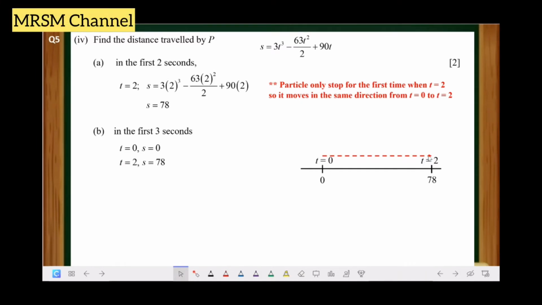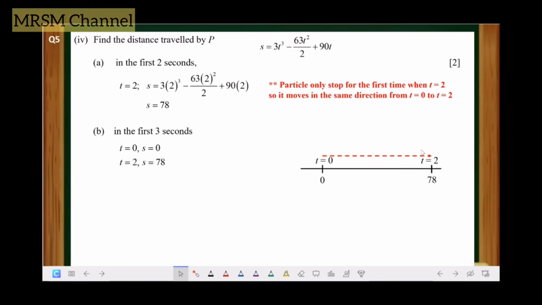Okay, so after T is equal to 2, the particle will turn the direction. Once it stops, it will turn the direction. Okay, dia akan pusing. Dia tak boleh stop, duduk, lepas tu berhenti penat sekejap, lepas tu nak jalan lagi sambung direction dia tak. Okay, dia punya character when it stops and then it will turn the direction.